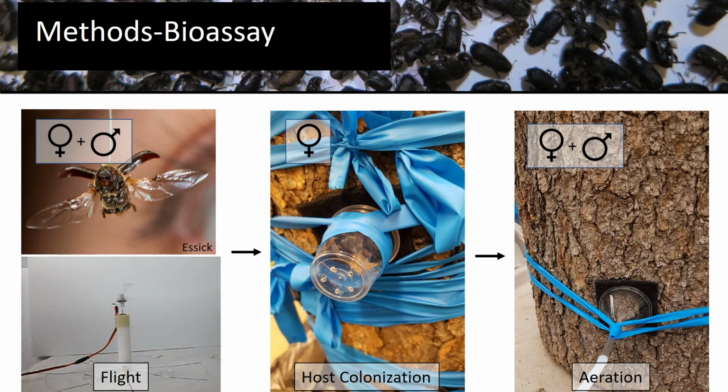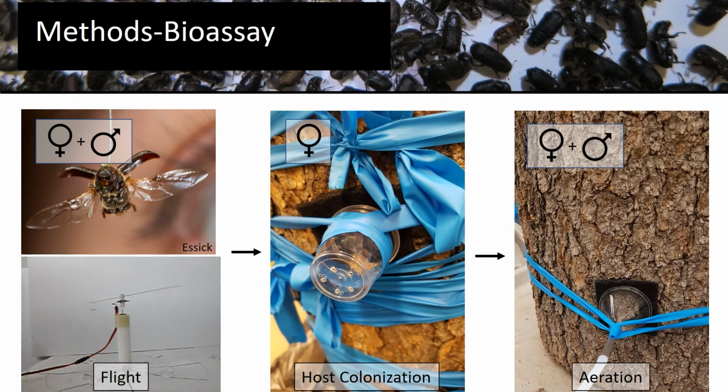Now, a subset of the beetles were not given the opportunity to fly, and these beetles served as a control. After the flight treatment was applied, we could assess the total flight distance and duration that the flown beetles conducted.